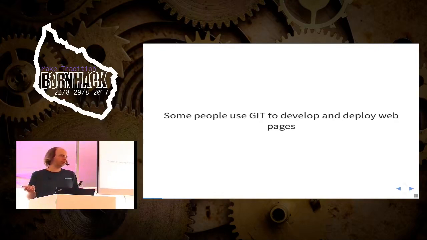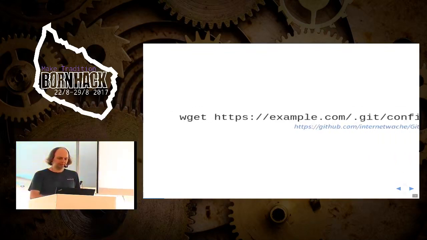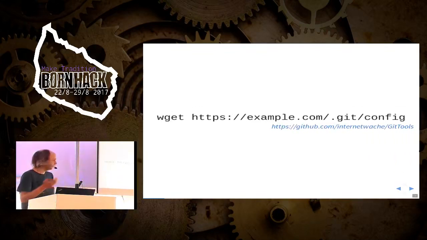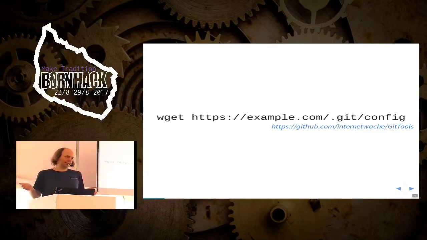You probably also know every Git repository has this .git directory, which contains the repository data: some configuration file and also, in a hashed version, all the files in the repository, including the history of the repository. So what you can do is see if there are web pages out there that use Git and have such a .git directory, and this .git/config file is always present in every Git directory.